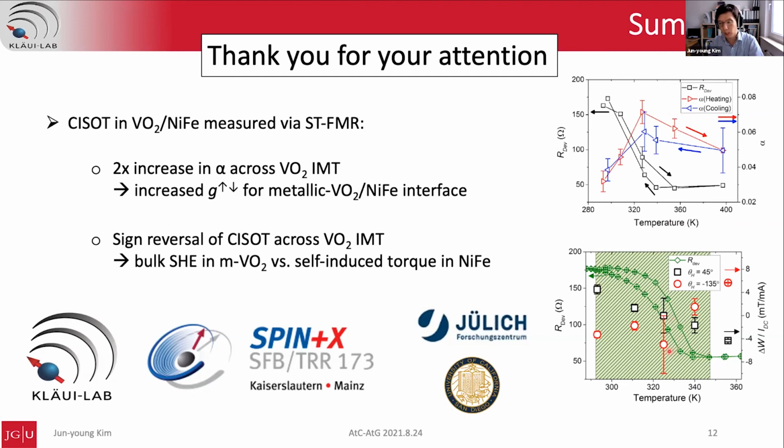At intermediate temperatures where the phase transition is changing quite rapidly, we saw a large change in the device resistance even during the measurements. So this could be important in characterizing the exact state of the VO2 at that particular temperature.